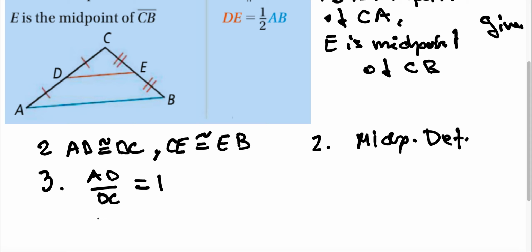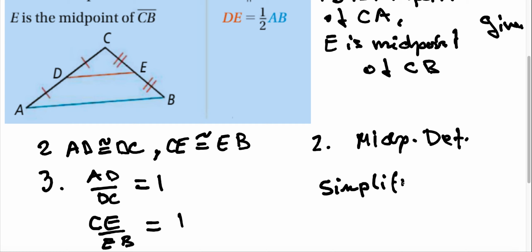Same thing we could say here, CE divided by EB is going to be 1. This is based on simplifying the same item. When we divide the same item by itself, we get 1.